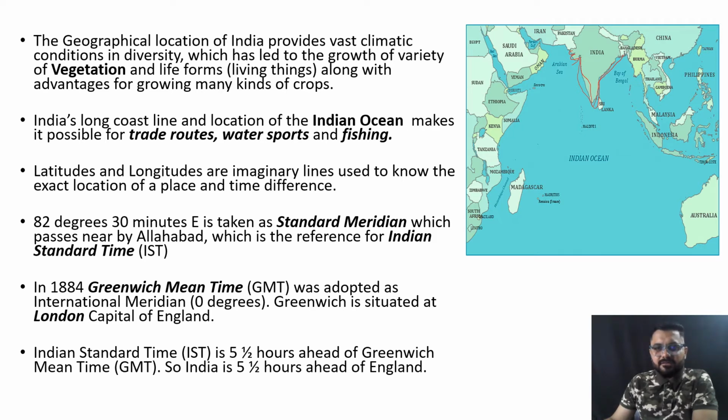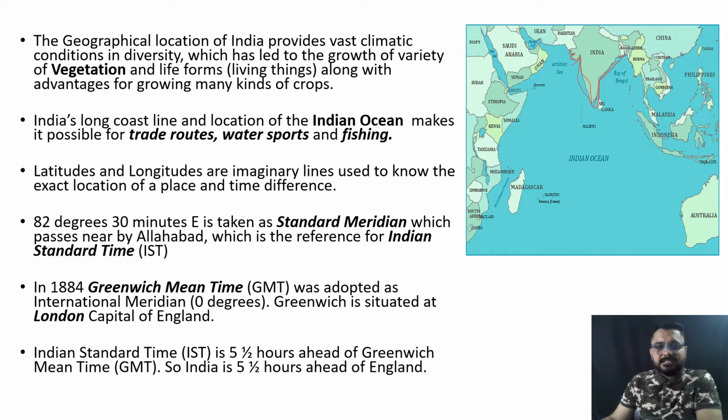So this is the main reason why it became very easy for us to trade with other countries, because it is easy to trade through the seas rather than through roads and borders. Crossing borders would be very difficult for trade. But since India is a peninsular plateau, it becomes very easy for us to trade through seaways.